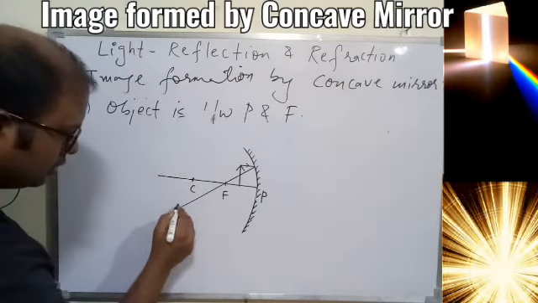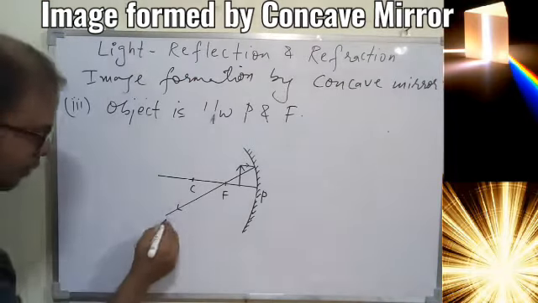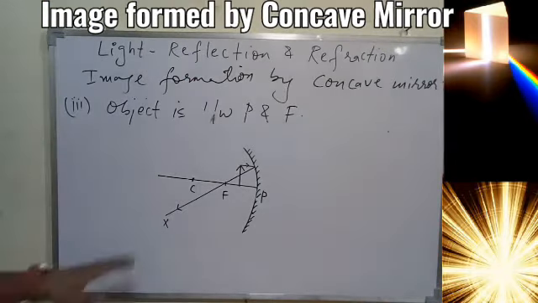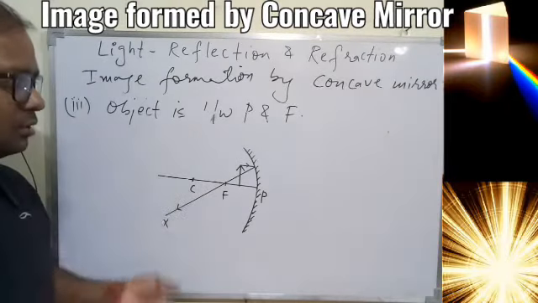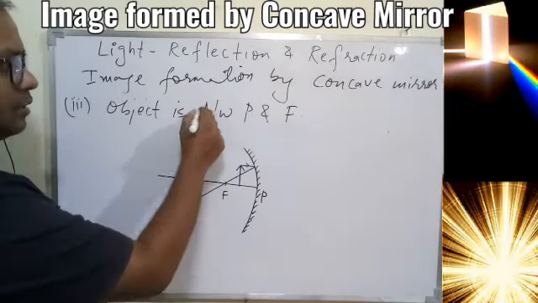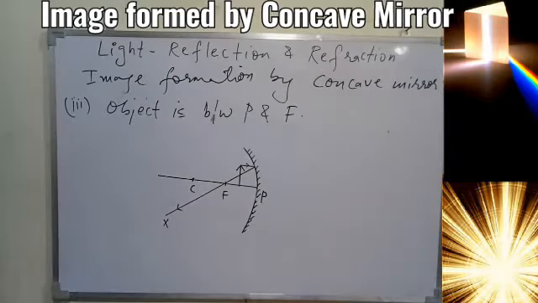Okay, so this is your first ray of light, let it be X. X and Y I am giving as names so that you can identify the two different rays of light, but it's not really required. So first ray we got, for the second one we can apply any rule.